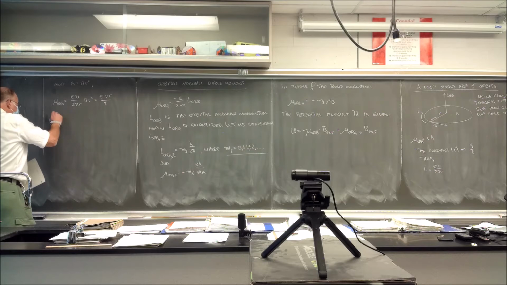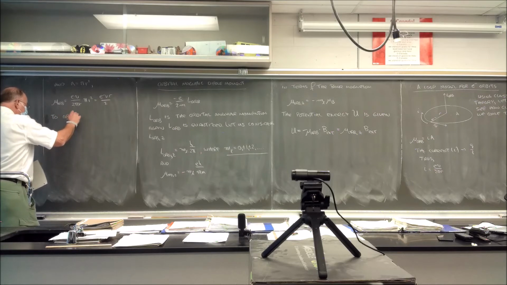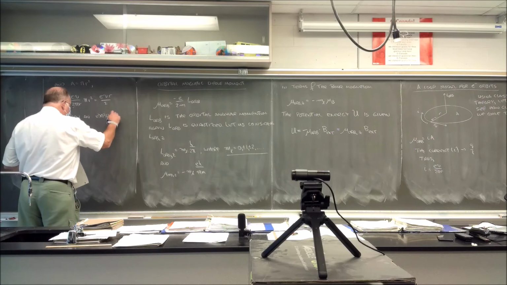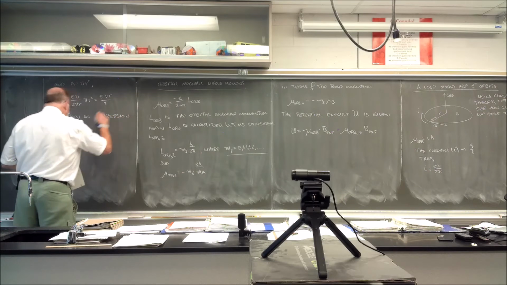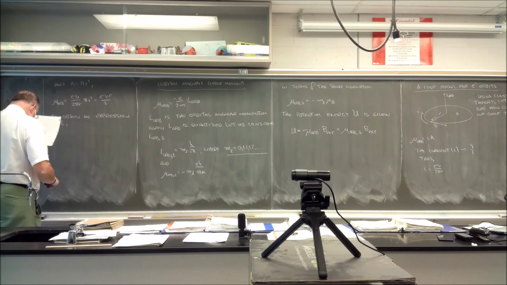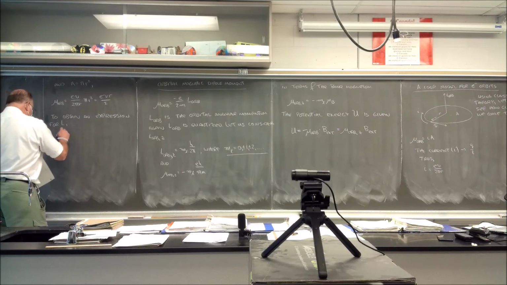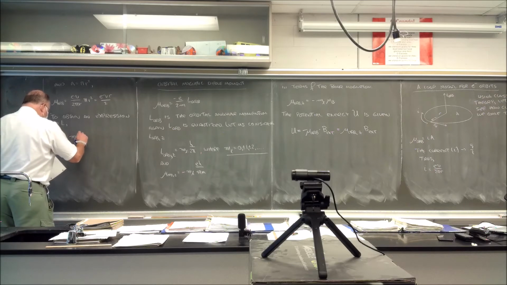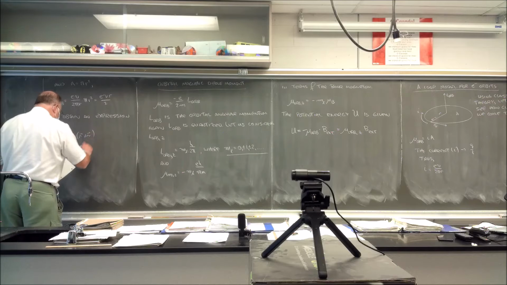To obtain an expression for L, we have L is equal to M times R cross V, right?